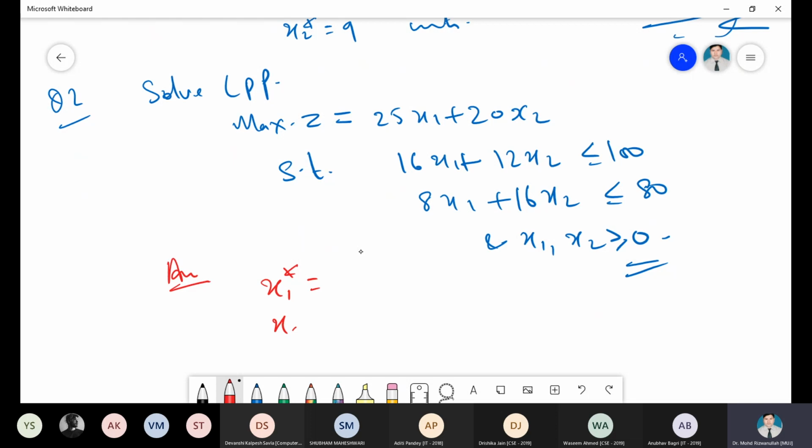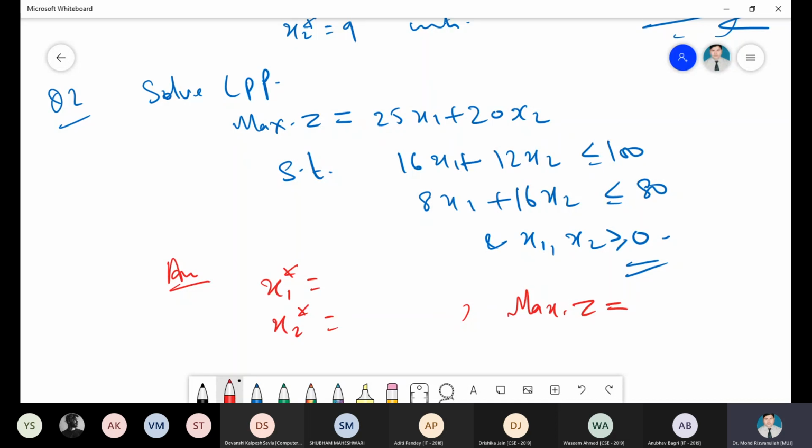X1 star, X2 star, and this is maximum Z. Yeah, who will tell me the answer, please? You are doing. 60.